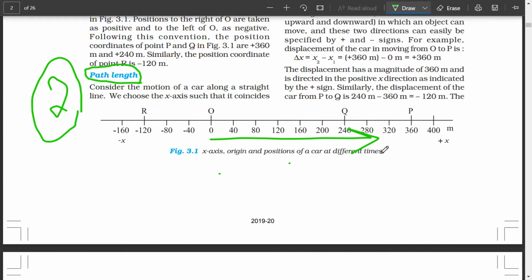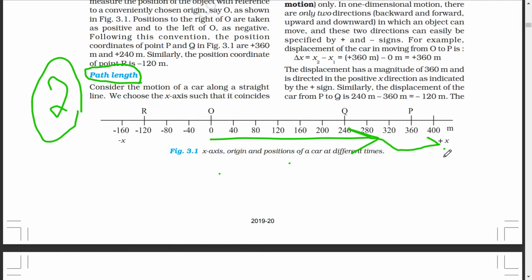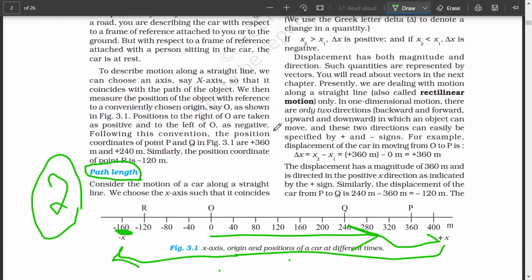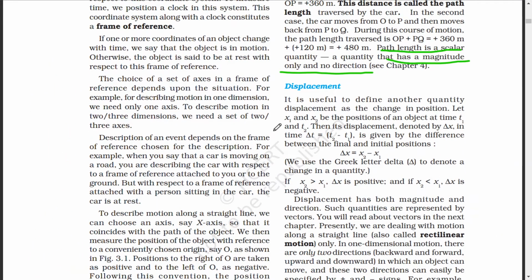Like if it goes about 280 meter over here, then again it goes up to 400 meter, and it takes a U-turn and comes back to minus 60. So while taking displacement, we will be considering it as minus 60. But while considering distance, we are going to take it as plus 60, because distance does not care about where the body is going. It just cares about how much distance it covers.